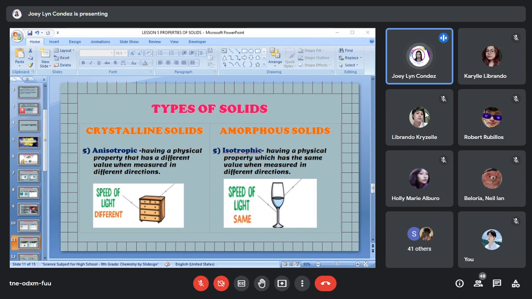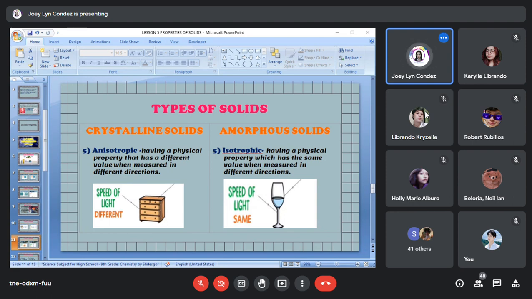Wood is an example of a crystalline solid. Now remember that wood is hard, no? The particles there are closely compact to each other. So they are crystalline solids. So the speed of light on the right side has a different value.